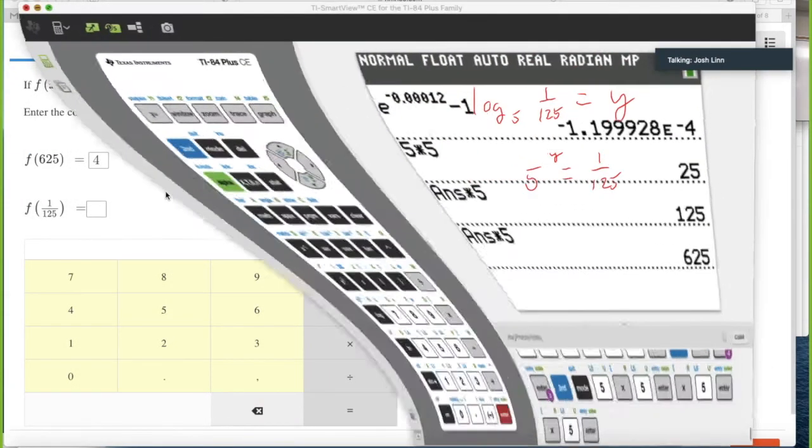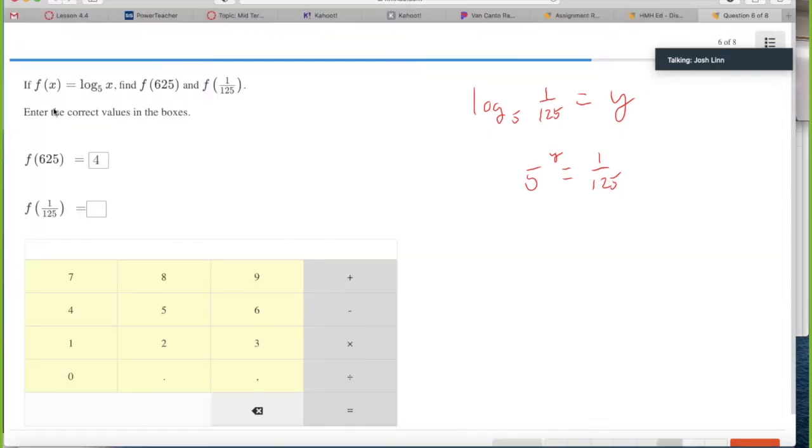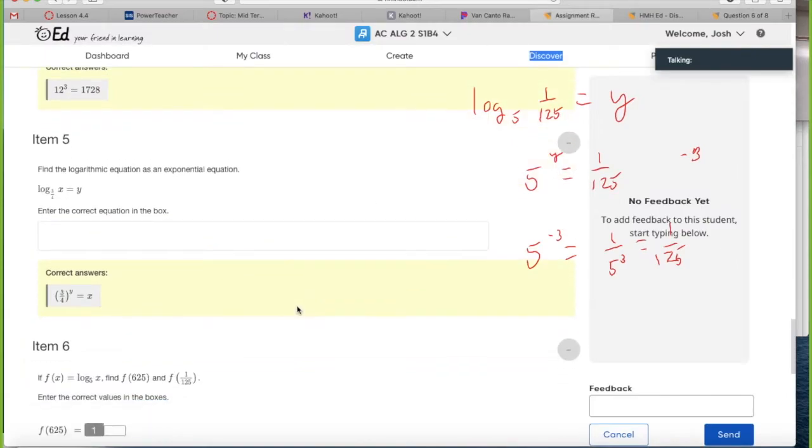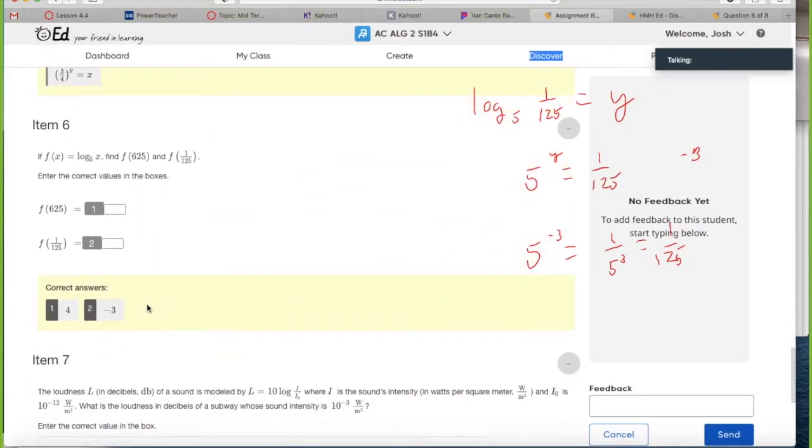So that means y is -3. If we say 5 to the -3rd, that's like saying 1 over 5 cubed, which is 1 over 125. So y is going to equal -3.